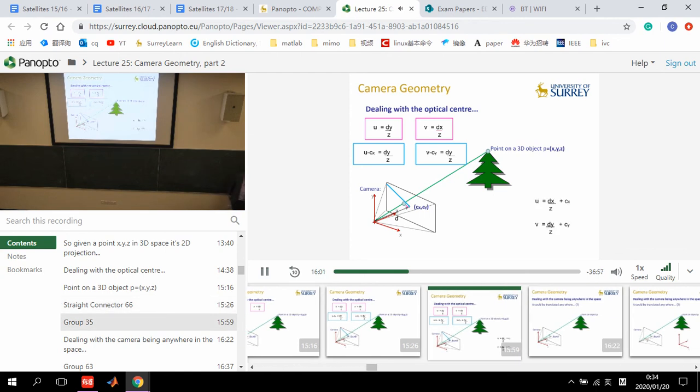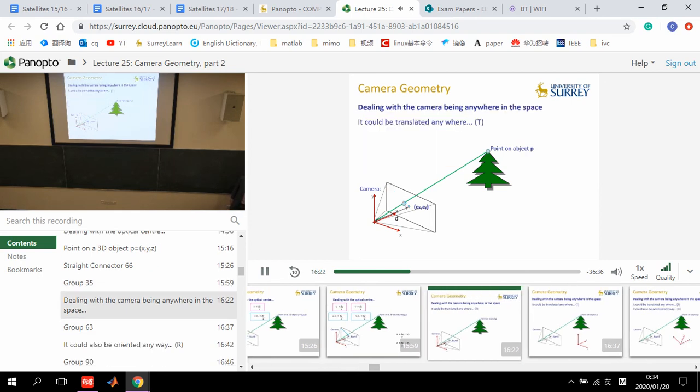So in other words, our u is going to be equal to dx over z plus cx, and our v is going to be equal to dy over z plus cy. So this then lets us account for the size of the image plane and the coordinate system that's defined within it.